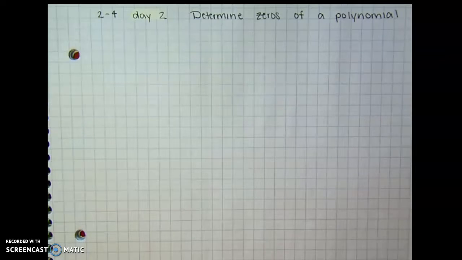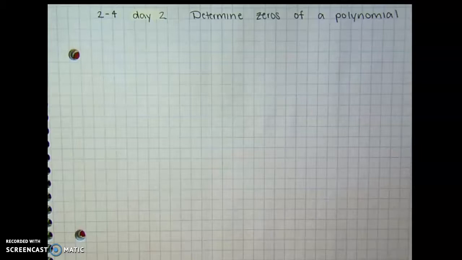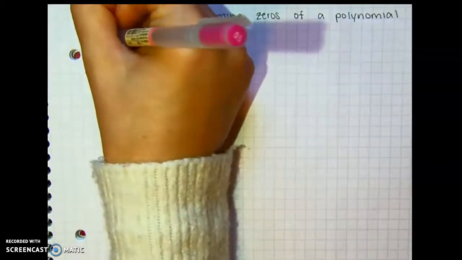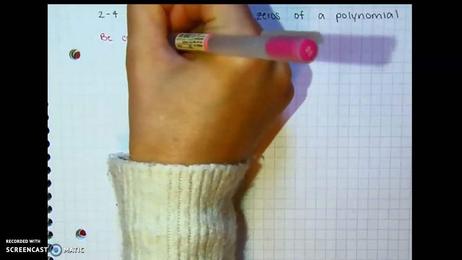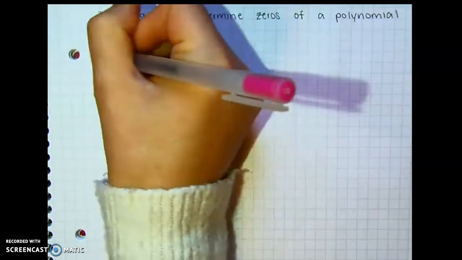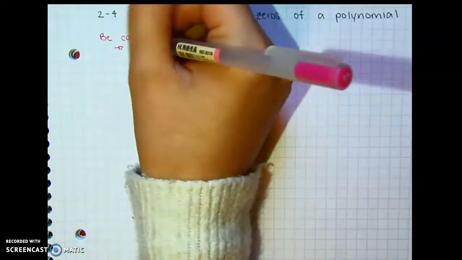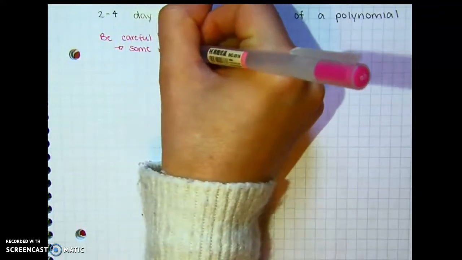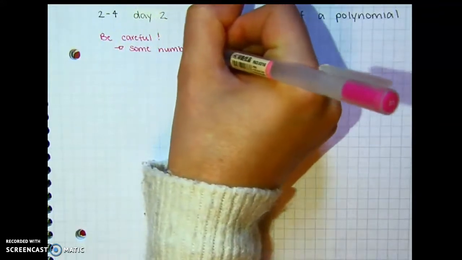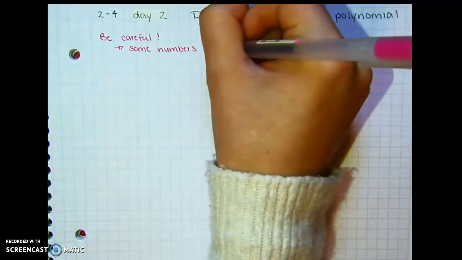So a couple things. First of all, be careful. Some numbers are zeros, and they can be double or triple zeros.